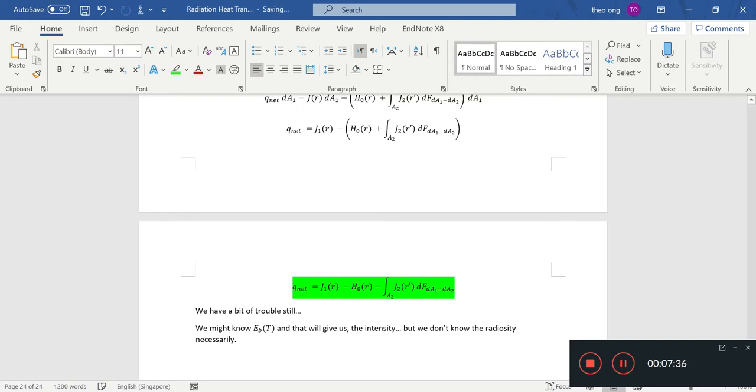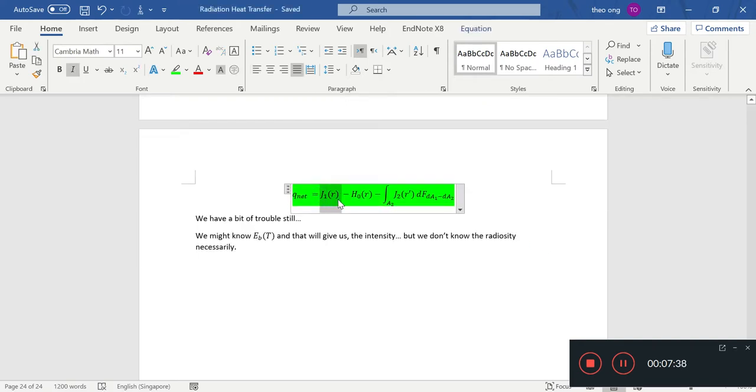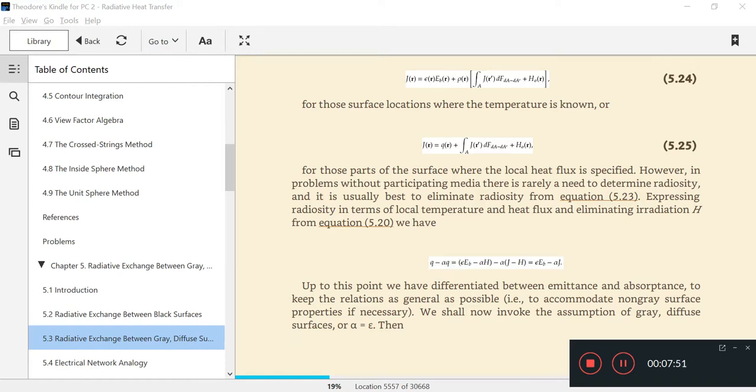So the tricky part of solving the gray surface heat transfer is, of course, this radiosity problem, which we can start referring to the text to see how it's being treated. So what is being done in the text here?